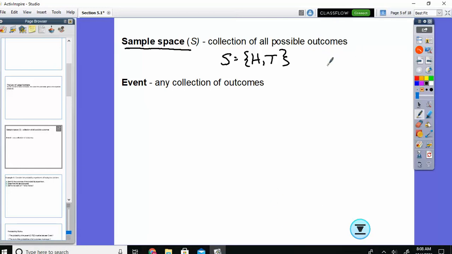If I am flipping my coin 2 times, what would my sample space be? We could have heads and then a heads, a tails and then a tails. I could have heads and then tails, or tails and then heads. So your sample space is everything that could happen, every possible outcome.